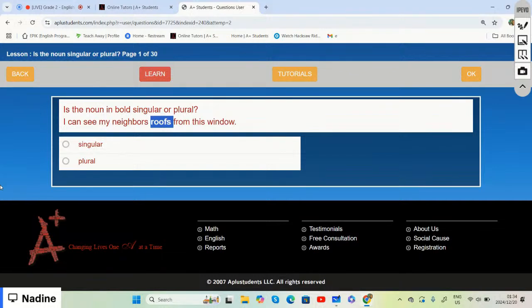Is that singular or plural? Option one, singular, refers to one roof, or option two, plural, refers to two or more roofs. Which one is correct?